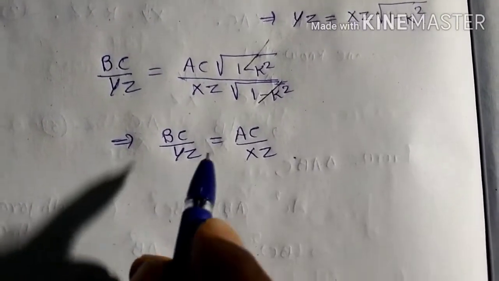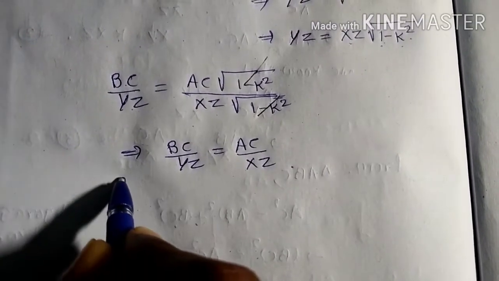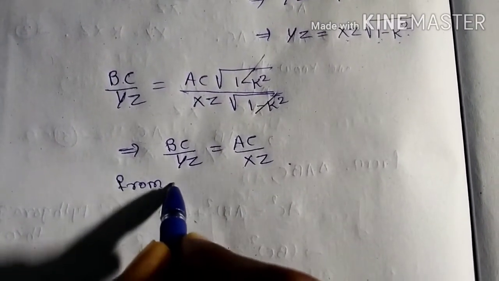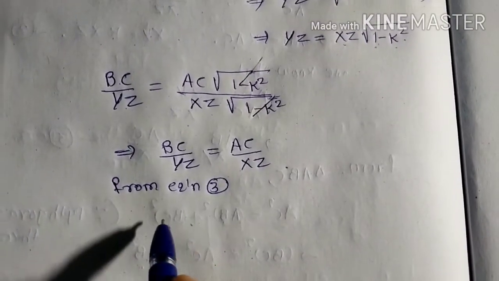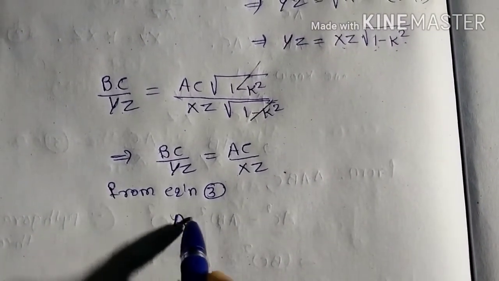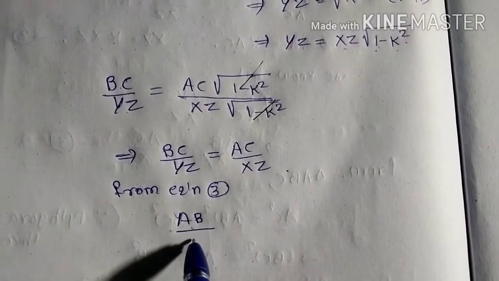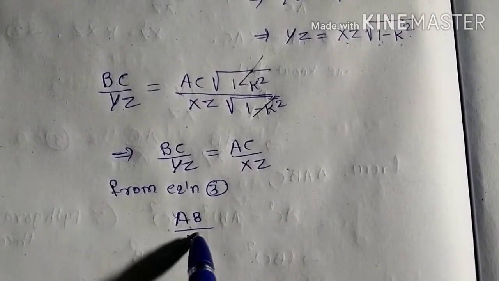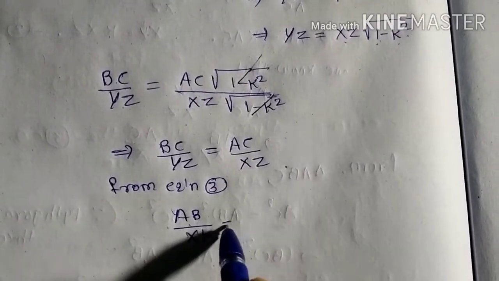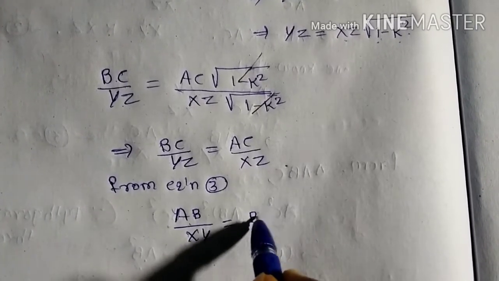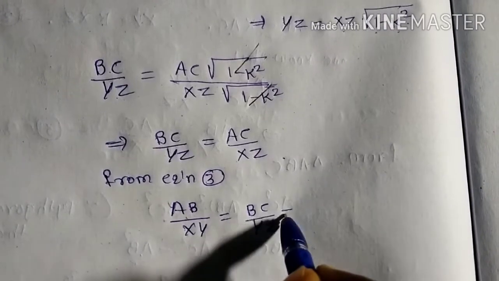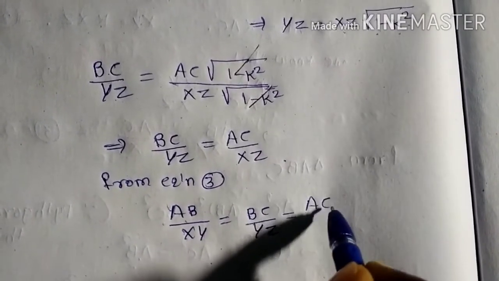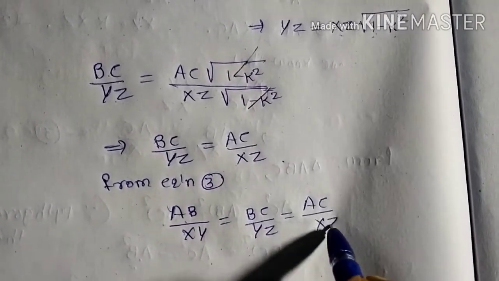From equation 3, we can write here AB by XY is equal to BC by YZ is equal to AC by XZ.